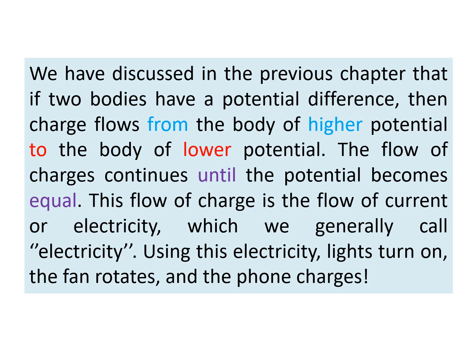The flow of charges continues until the potentials become equal. This flow of charge is the flow of current electricity, which we generally call electricity. Using this electricity, lights run, fans rotate and phones charge.